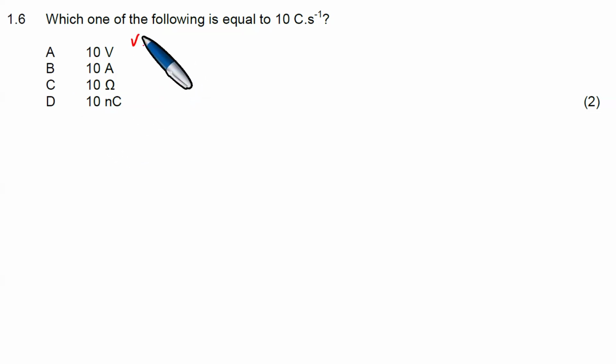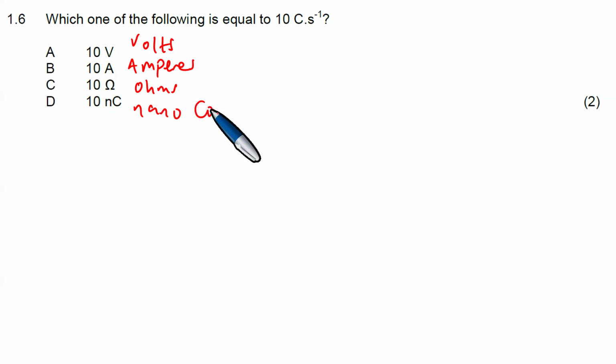Here you're dealing with volts, here amperes, here ohms, and here nanocoulombs. So tell us which answer is the correct one here. Which one of the following is equal to 10 coulombs per second? What do you think?